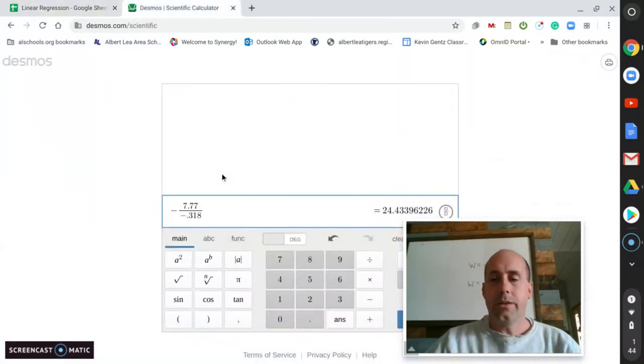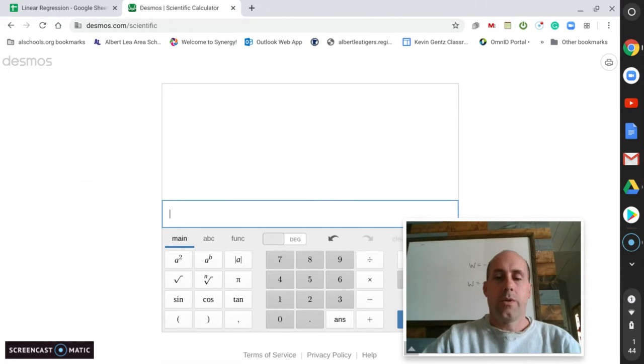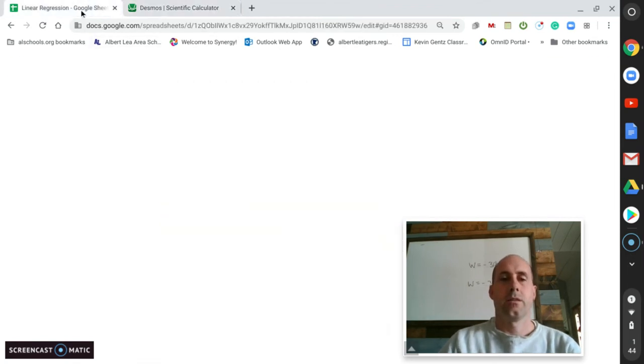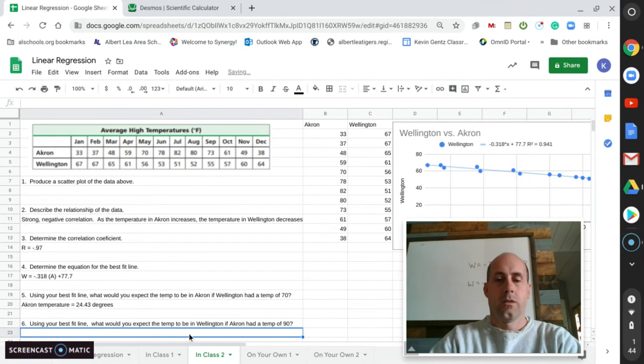Go on to my calculator, and we take negative 0.318 times 90 plus 77.7. We get 49.08. Wellington temperature equals 49.08 degrees. There you go.